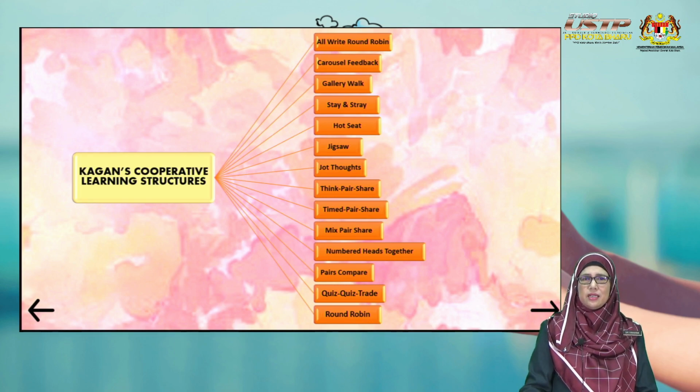As you can see here: round robin, carousel feedback, gallery walk, stay and stray, hot seat, jigsaw, jot thoughts, think-pair-share, timed pair share, mix pair share, numbered heads together, pairs compare, quiz-quiz-trade, and round robin. So in this lesson plan 9, we already chose stay and stray.